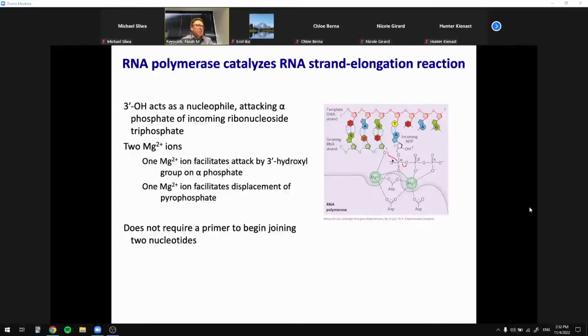It's going to have 2 coordinating magnesiums. It has the aspartates that we talked about coordinating those magnesiums. And one of them is going to facilitate the attack from the 3' OH onto the alpha phosphate. And the other one's going to help stabilize and facilitate the other 2 phosphates for release.